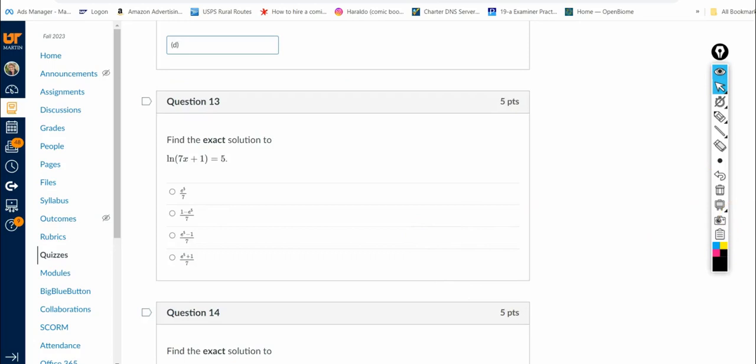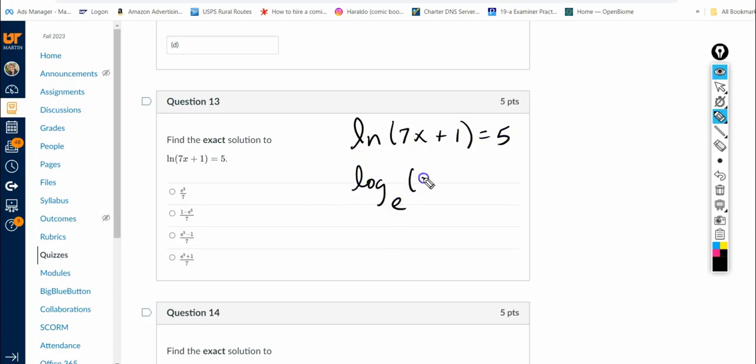Find the exact solution to that, so let me write it big. Now, ln is shorthand if the base is e. And I'm going to go from logarithmic form to exponential form. So e to the 5th is equal to the argument.